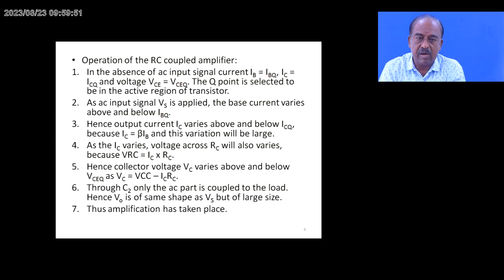In this RC coupled amplifier circuit, many symbols are present here, VEQ, another one is VCQ, then IC, and so many symbols are there. They are represented with Q, which in this case denotes DC voltages.